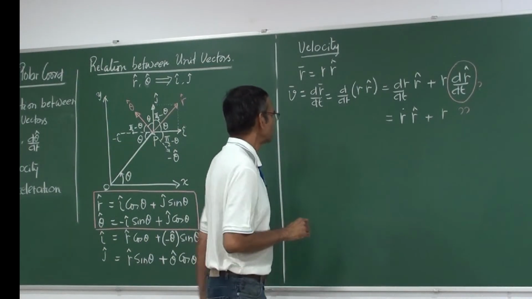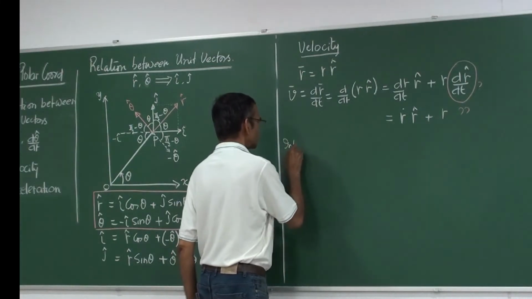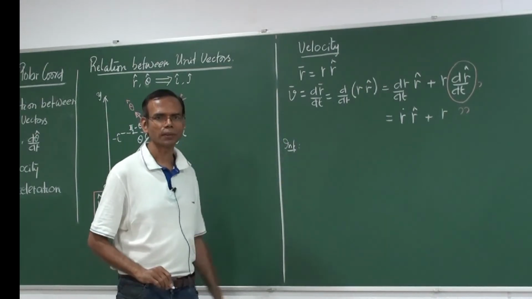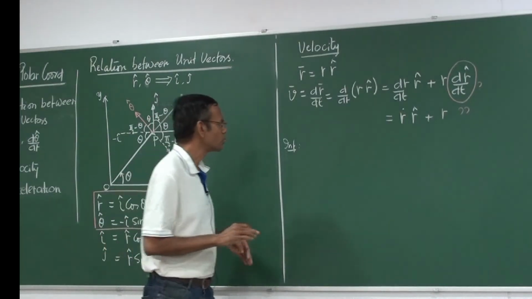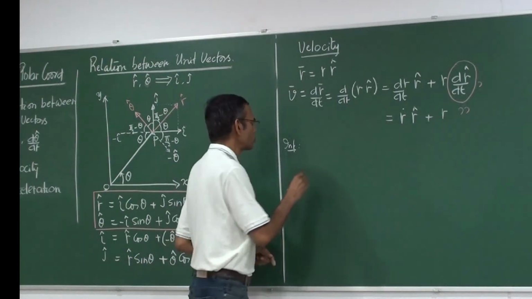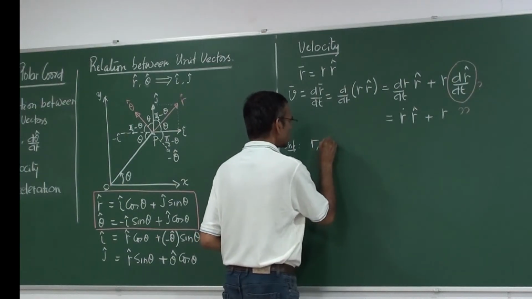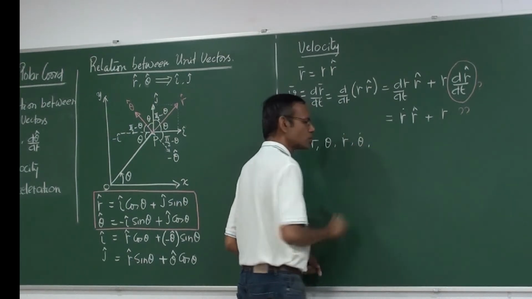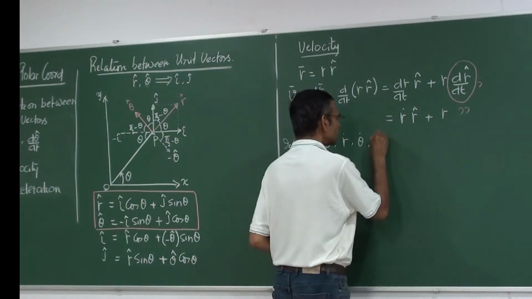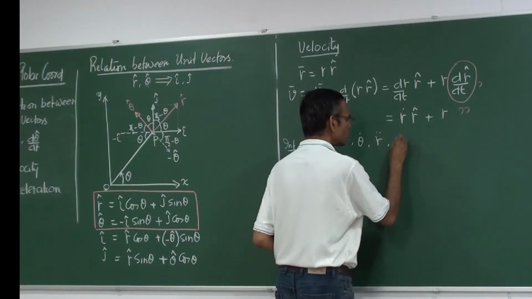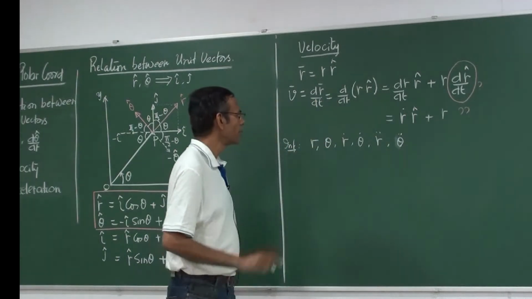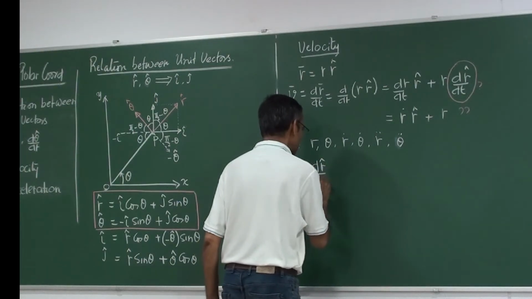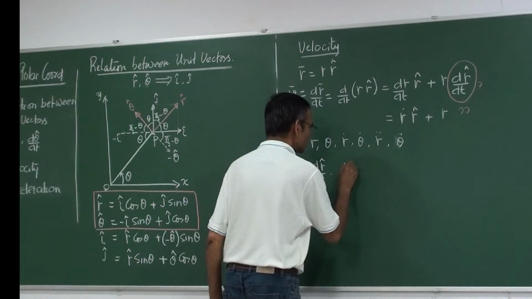What we infer is that when we calculate velocity and acceleration, we work with a few quantities. r, theta anyway is there. r dot, theta dot, r double dot, theta double dot. Alright? And there are two more quantities, that is dr cap by dt and d theta cap by dt.